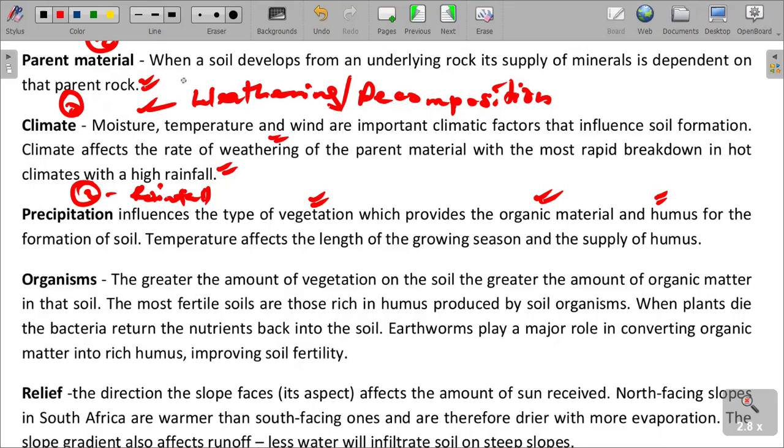Dry, burnt, scorched soils tend to be very infertile because there are no decomposing microorganisms living there. But in humid places with high rainfall totals and moderate temperatures, the length of the growing season, the supply of humus, and favorable decomposing conditions all affect the soil formation found within a given place.